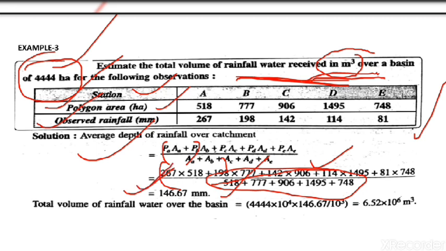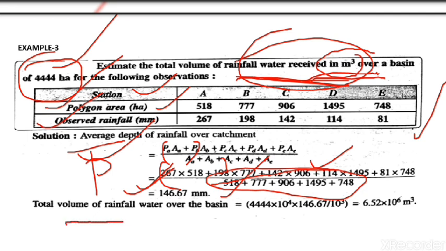146.67 mm is my average rainfall depth, but in my question it is asked to find the rainfall volume in cubic meters. So what is the rainfall volume? The rainfall volume is nothing but the rainfall depth times the basin area. So now I will find the rainfall volume.